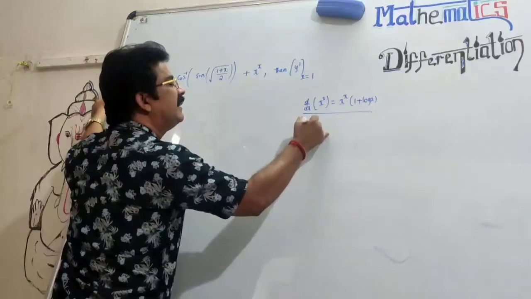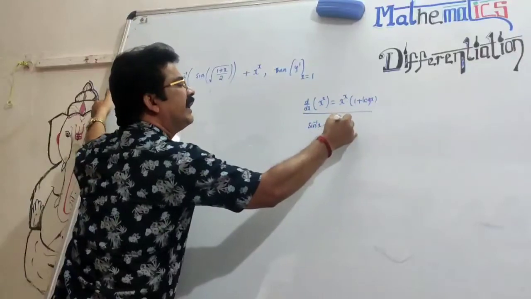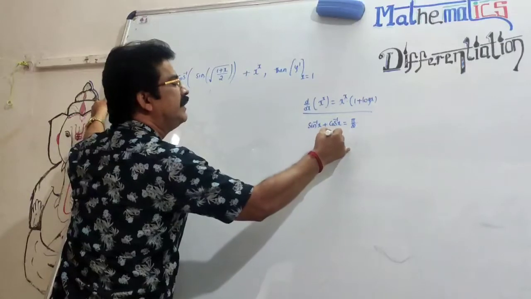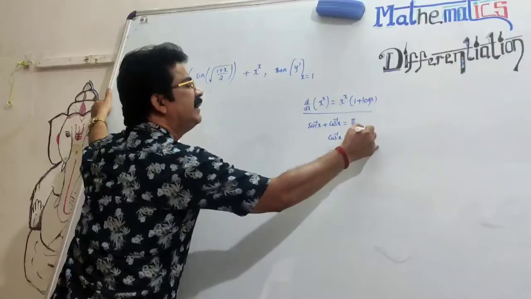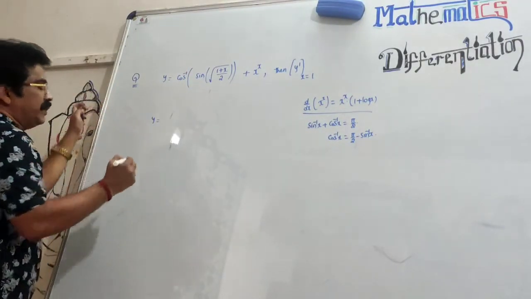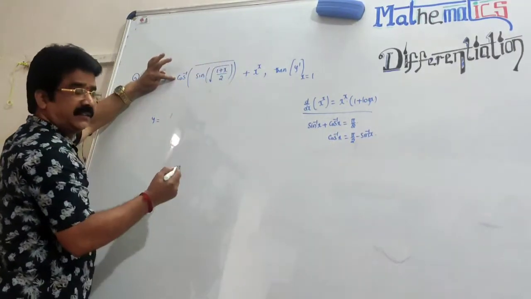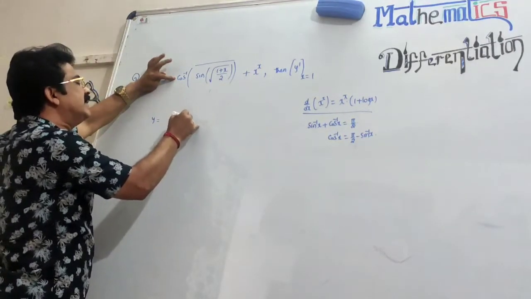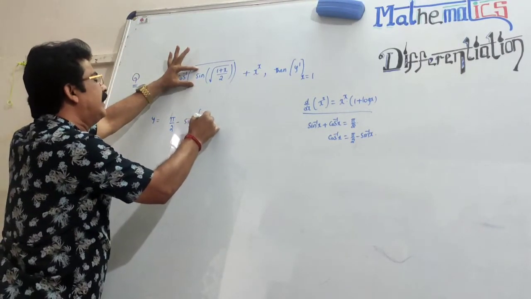What I am telling is that sin inverse of x plus cos inverse of x equals pi by 2. Then cos inverse of x equals pi by 2 minus sin inverse x. So it is better to simplify the given function. Cos inverse of something, capital X, equals pi by 2 minus sin inverse of that something.